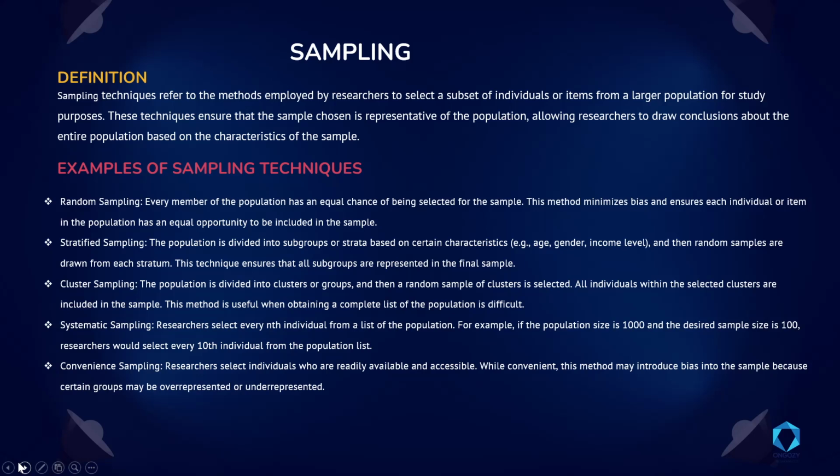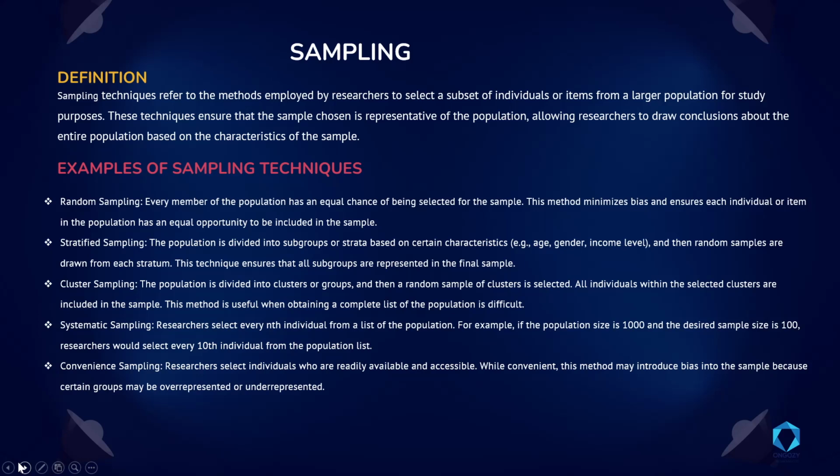And we have systematic sampling. This is where researchers select every nth individual from the list of the population. For example, if the population size is 1,000 and the desired sample size is 100, researchers will select every 10th individual from the population list. This one is my best because it's very simple.